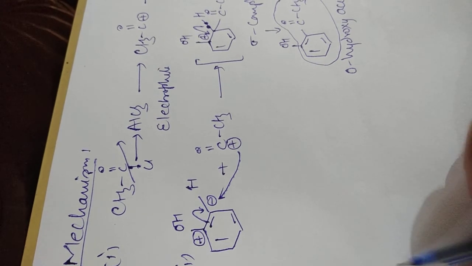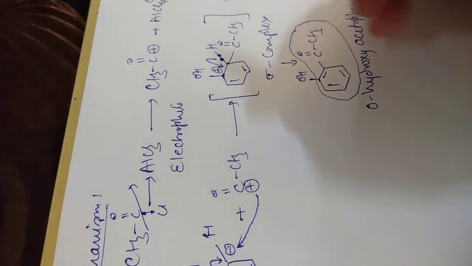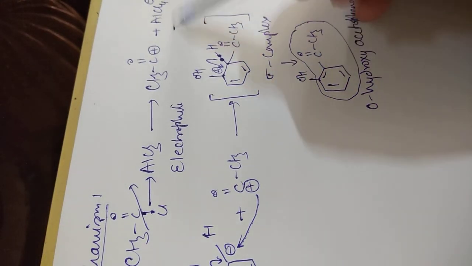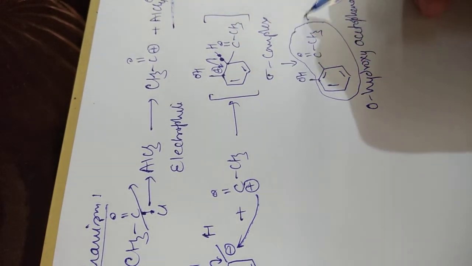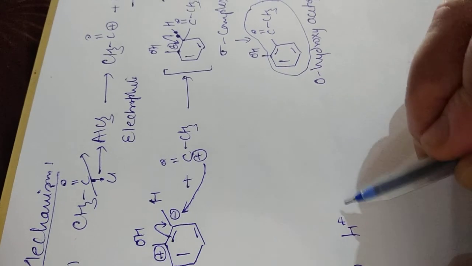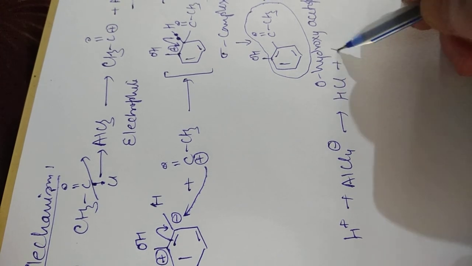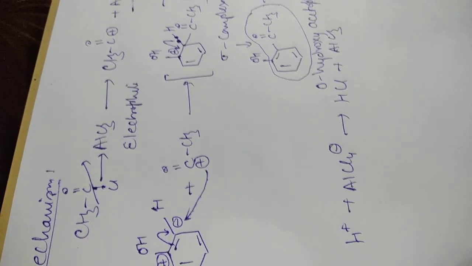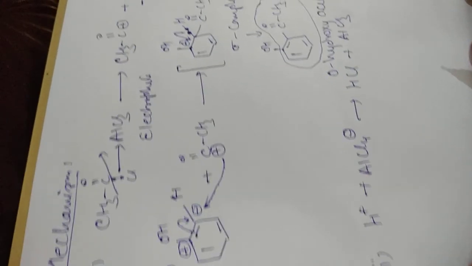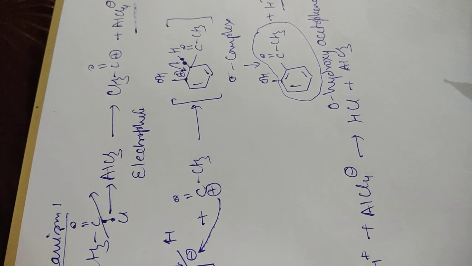And in the third step, as usual as we have done earlier, the AlCl4 minus of the first step and H plus of the second step will react together and they will form HCl and AlCl3. In this way, we can write the mechanism of acetylation of phenol. Do the practice of these reactions and learn them.